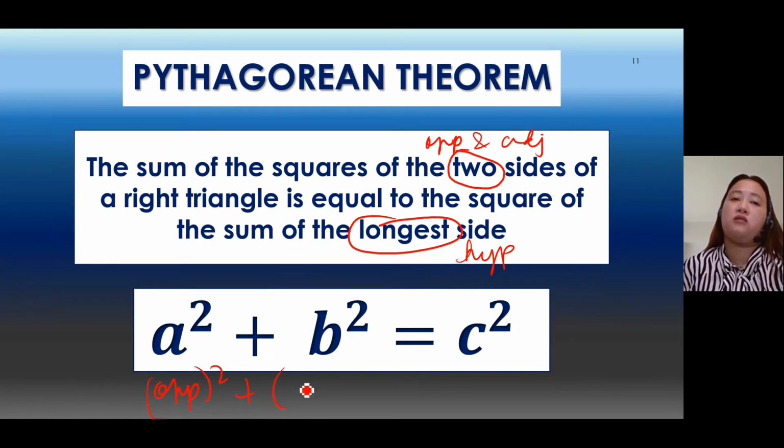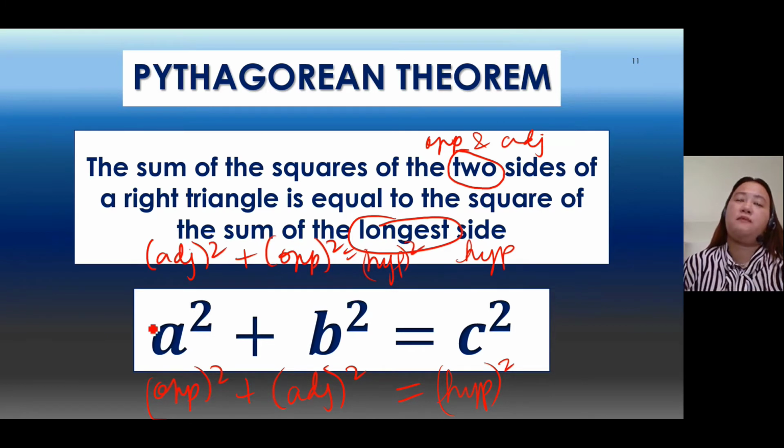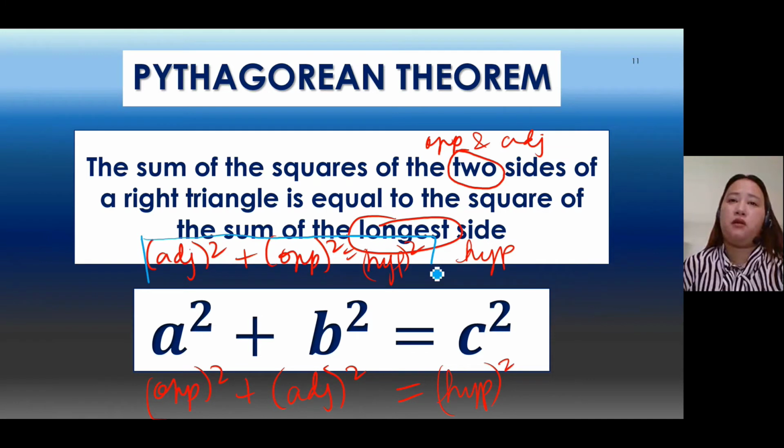So we have opposite squared plus adjacent squared equals the square of the longest side, hypotenuse squared. This can also be written the other way: adjacent squared plus opposite squared equals hypotenuse squared. They are just the same, since the operation is addition. So you can use either of the two.